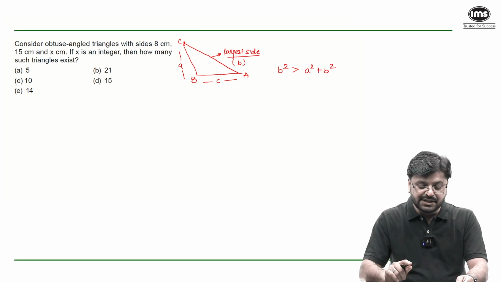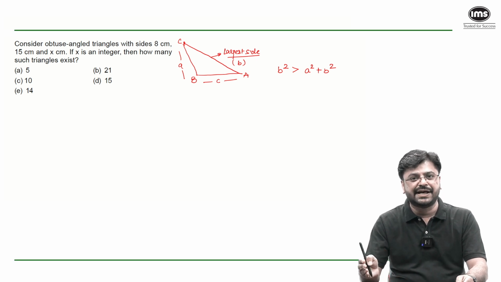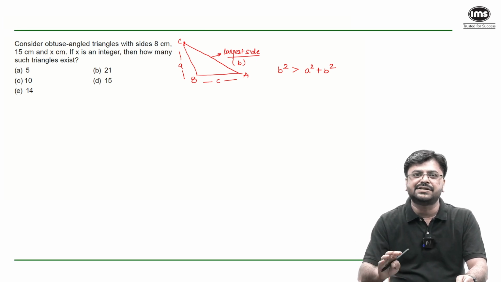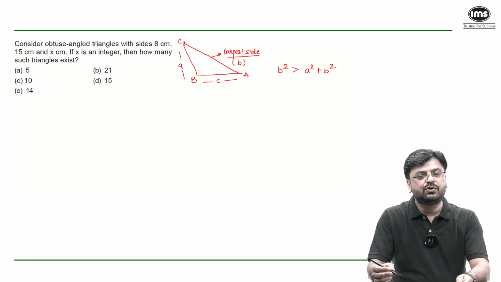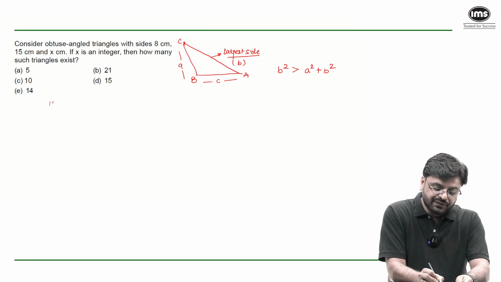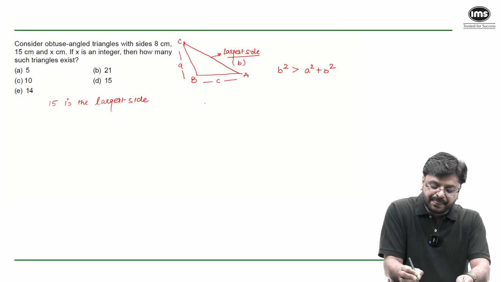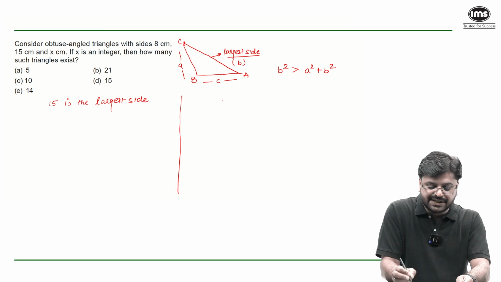But the problem here is we know only two sides. We know one side has 8, the other side has 15, and the third side is x. So there are two possibilities. One, either 15 is the largest side, or x is the largest side.